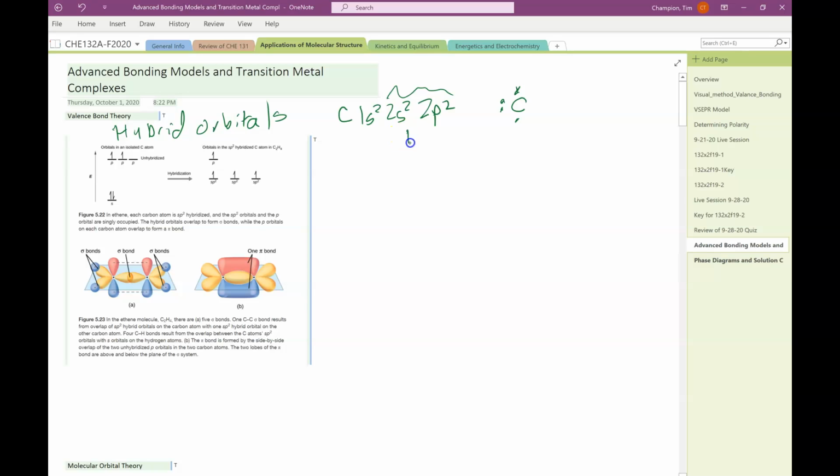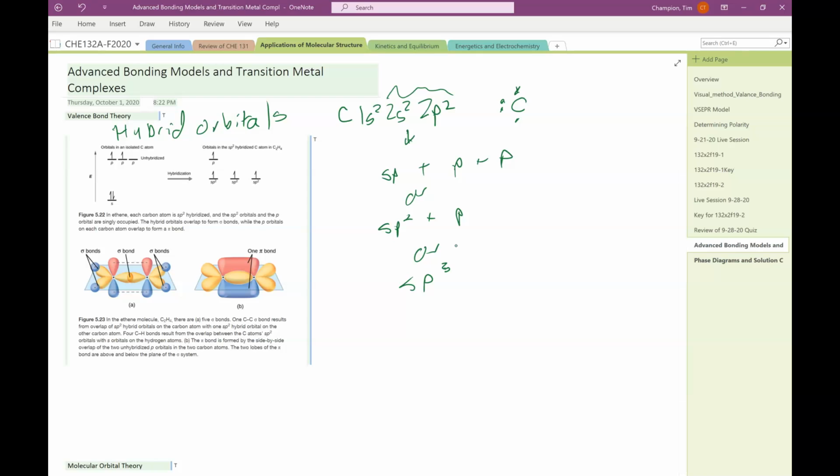So what we say is that the 2s orbital and the 2p orbitals typically hybridize into something like an sp plus the 2 p's that are left over, or sp2 plus the 1 p that's left over, or sp3, which is normally what we see a lot of times with carbon compounds.